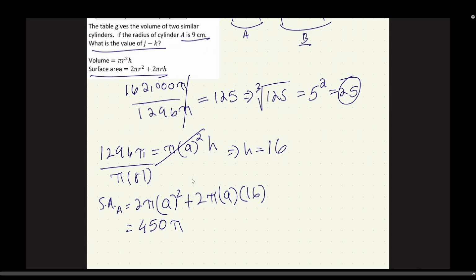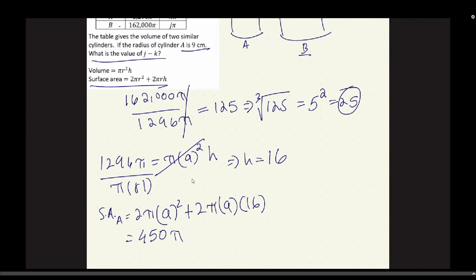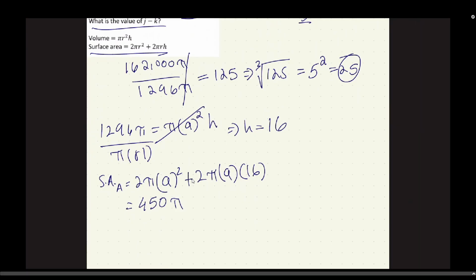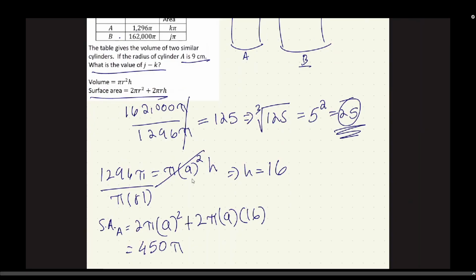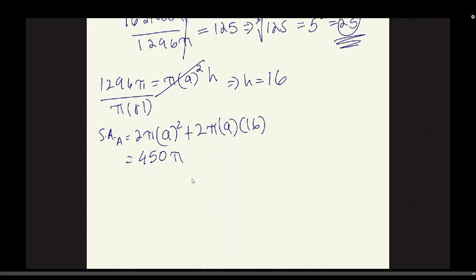So this is the surface area of cylinder A, but we are supposed to also find the surface area of cylinder B, so that's where the scale factor comes in handy. Since we know that surface area is a 2-dimensional concept, we can multiply 450 pi times 25. Desmos is efficient here, so 450 times 25 is 11,250.